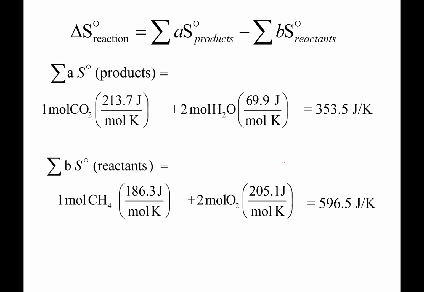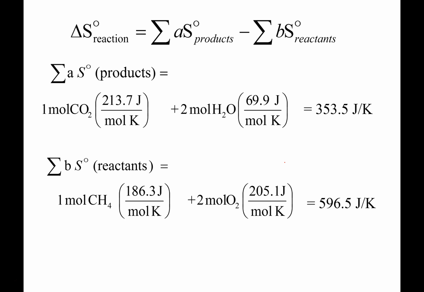So on the reactant side, it looks like this balanced equation. We had 1 mole of CH4. From the table, its molar entropy is 186.3 joules per mole Kelvin. Plus we had 2 moles of O2, and its molar entropy was 205.1 joules per mole Kelvin. And that gives us 596.5 joules per Kelvin.